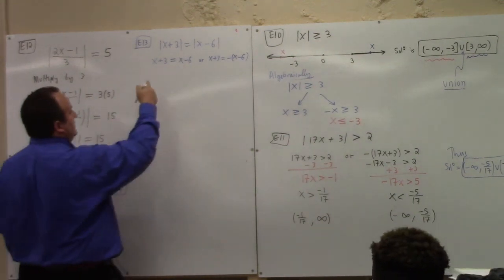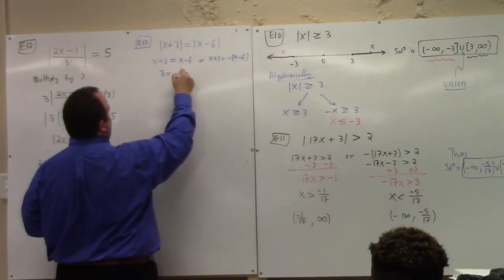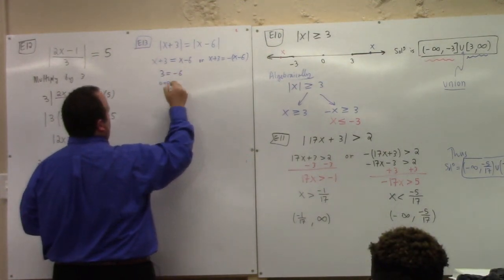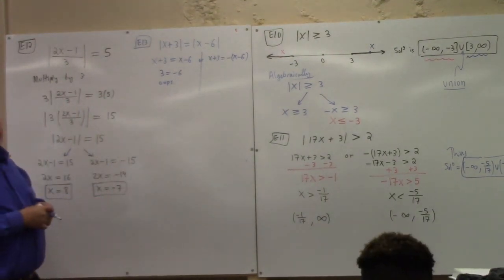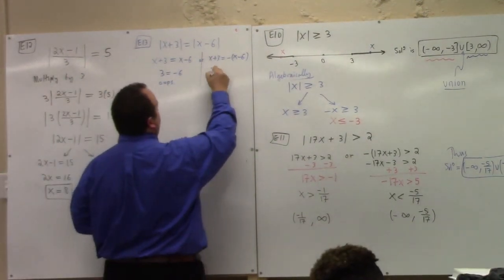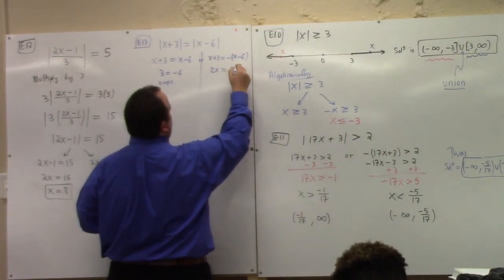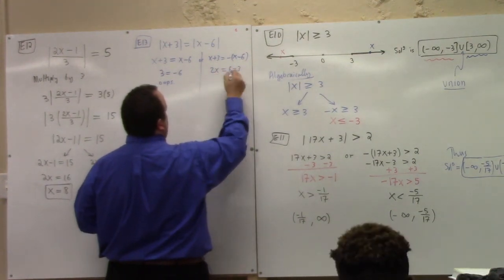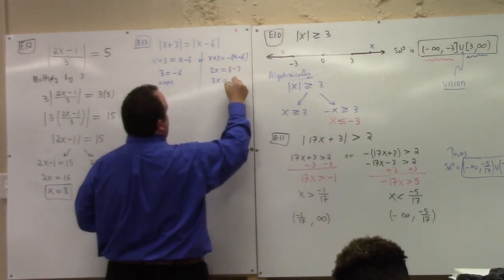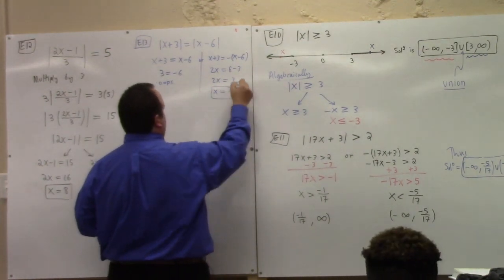And so, of course, this gives us 3 equals minus 6. So nothing there, right? But the other one gives you 2x equals, well, 6 minus 3. So we get 2x equals 3, x equals 3 halves. Aha, so there we go.